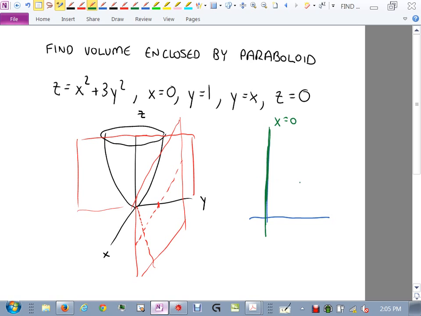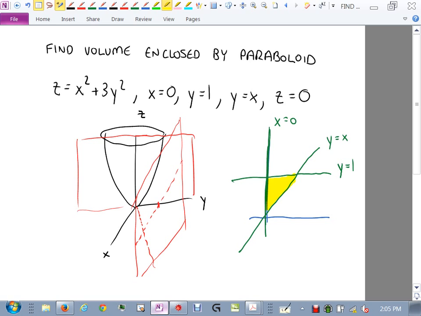Y is 1 would be this. Y is X would be this. Z is 0 is the ground, isn't it? So do I have a region that I can integrate over? In here, right? That's our enclosed region.